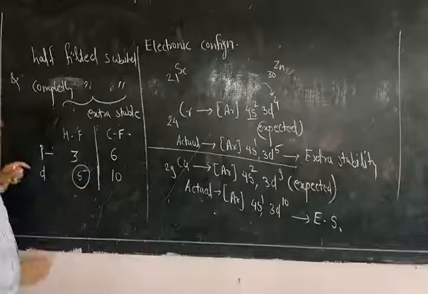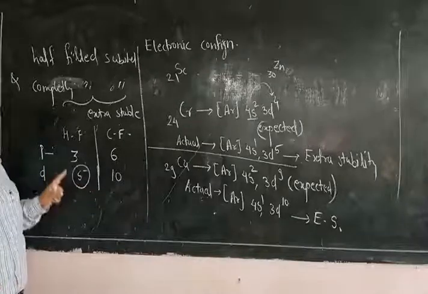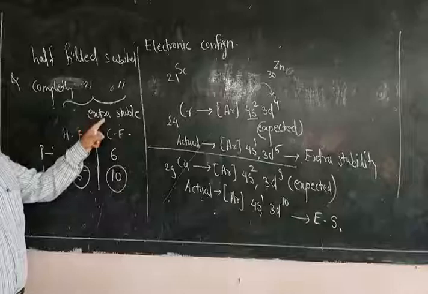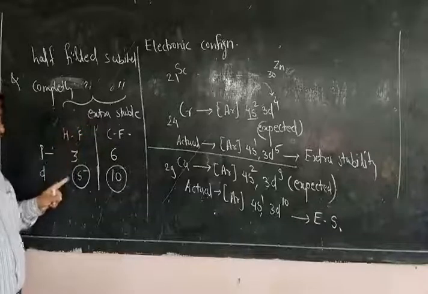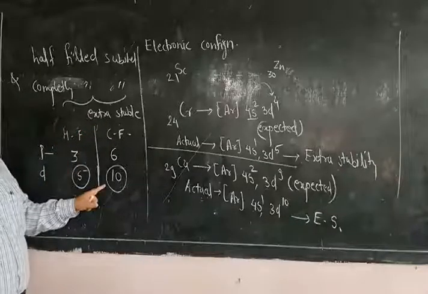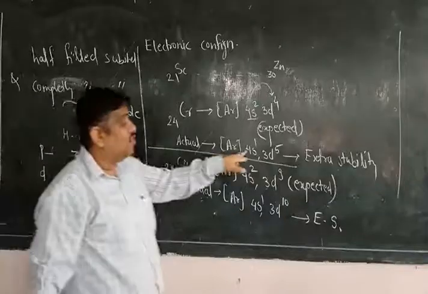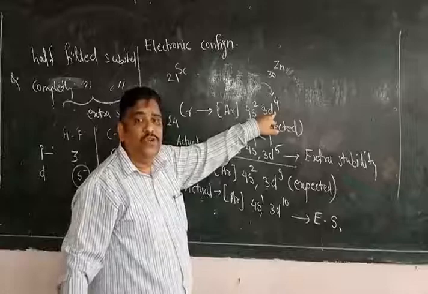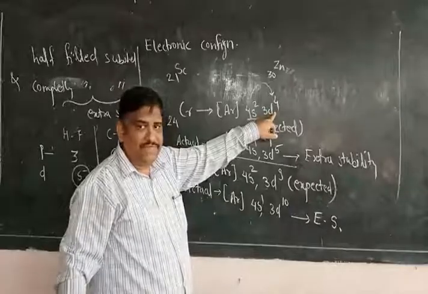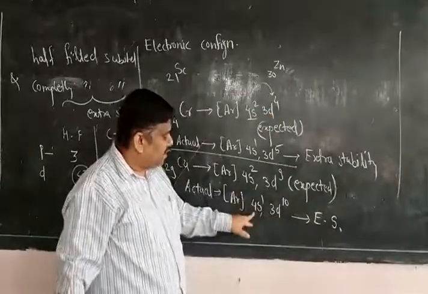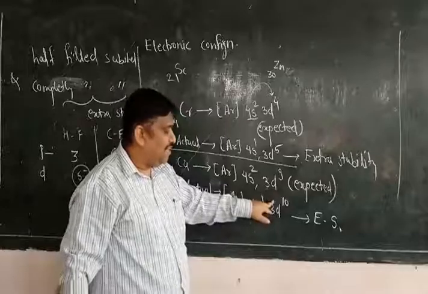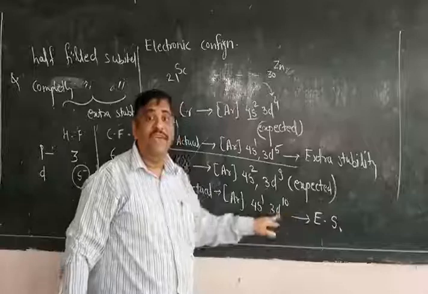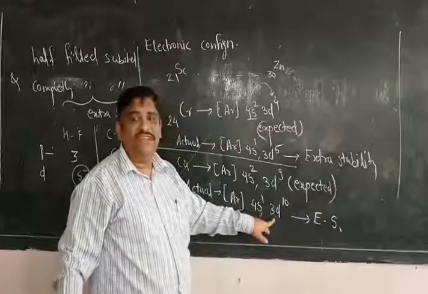So if the D subcell has the electronic configuration D5 or D10, they are extra stable because of half filled and completely filled subcells. Here, if the S electron shifts to the D subcell, it gets extra stability due to the half filled D subcell. And here, if one electron shifts to the D subcell from 4s, it also gets extra stability, but due to the completely filled D subcell.